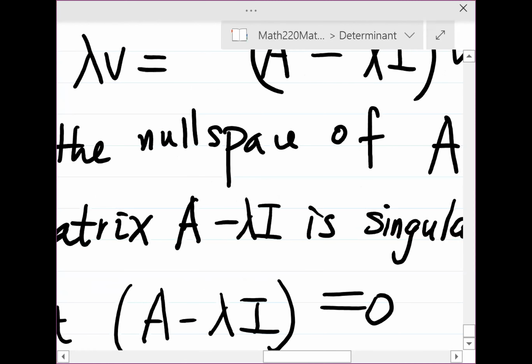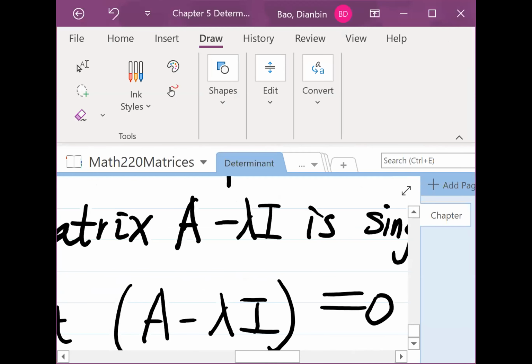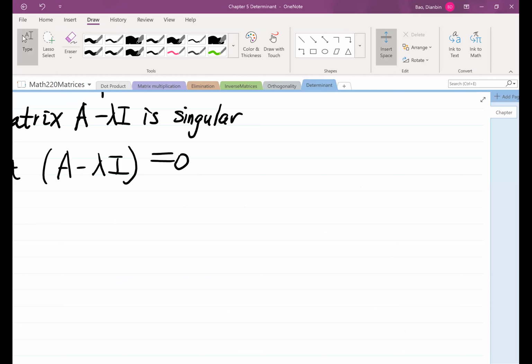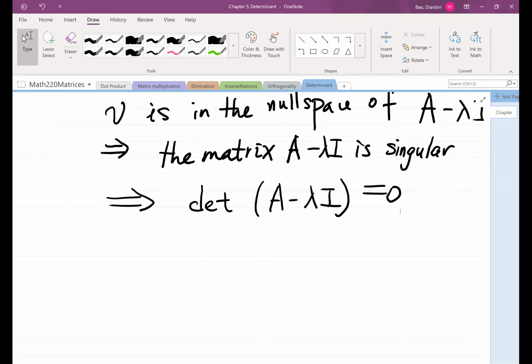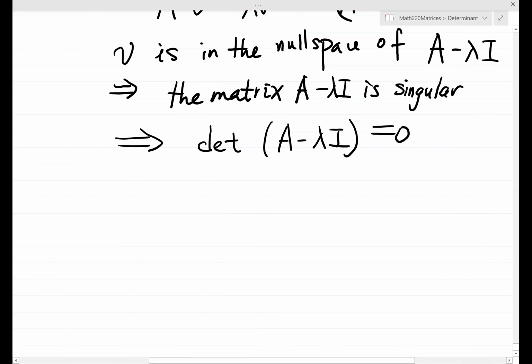So to find the eigenvalues and eigenvectors, it suffices to find for what lambda the determinant of the matrix A minus lambda I is zero. So this gives us an algorithm to compute eigenvalues of a matrix.